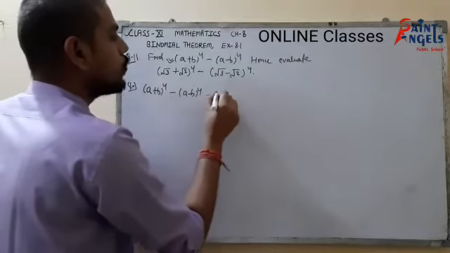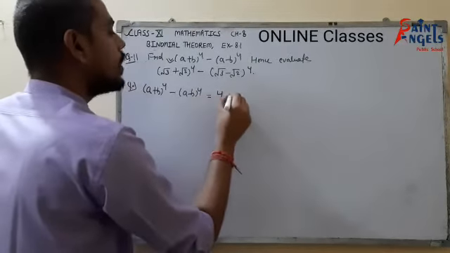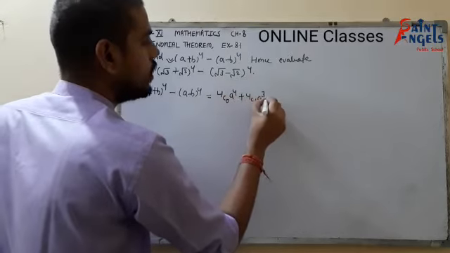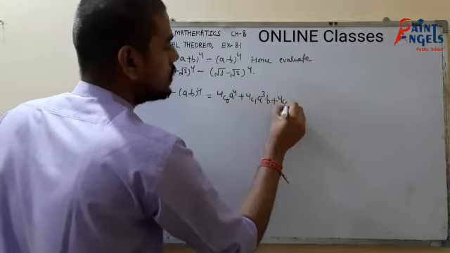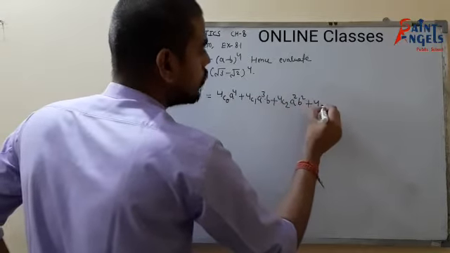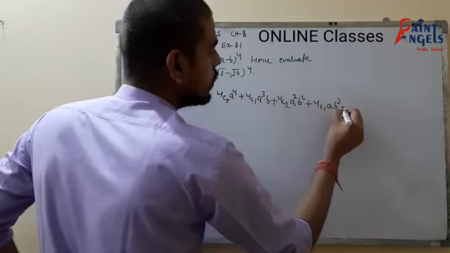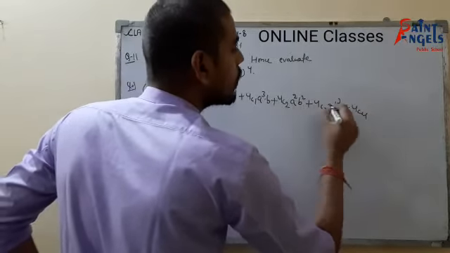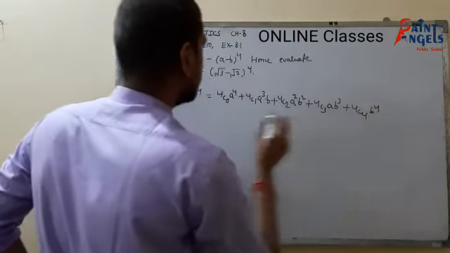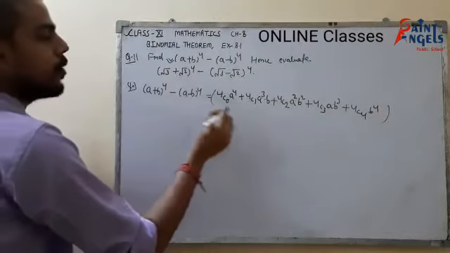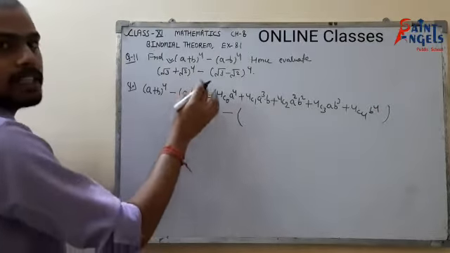So it would be 4C0 a^4 + 4C1 a^3 b + 4C2 a^2 b^2 + 4C3 a b^3 + 4C4 b^4. So this is the formula for only (a + b) to the power 4.